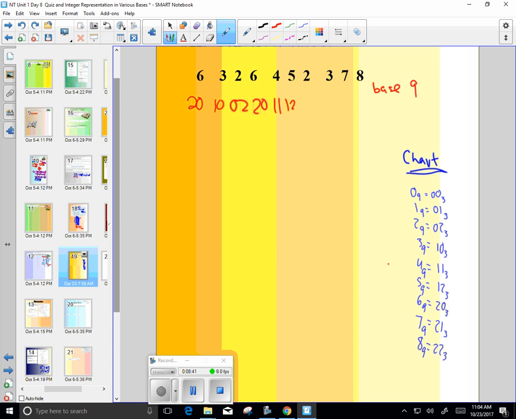So 5 is good. 2 is 0, 2. 3 is 1, 0. 7 is 2, 1. And 8 is 2, 2. Now, all of those in a row like that will give you the base 3. Because this is a subset of base 9, you can write it this way, and now it's base 3. And you don't have to do this division.